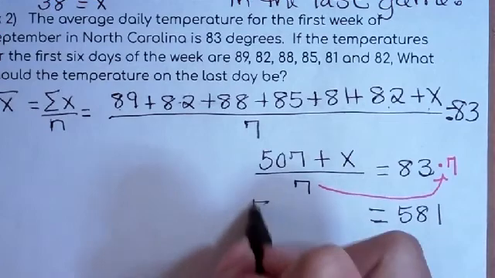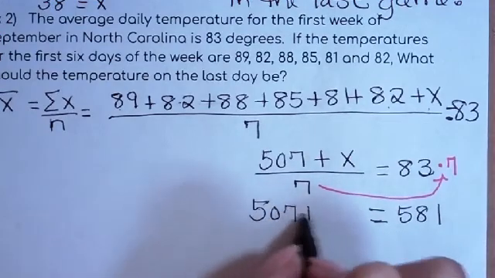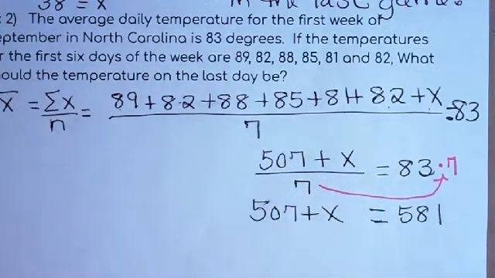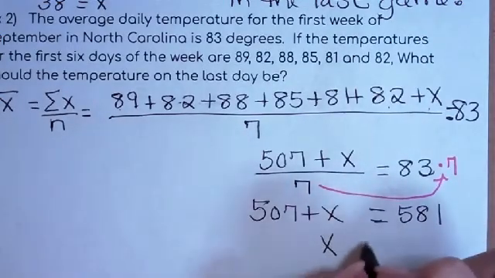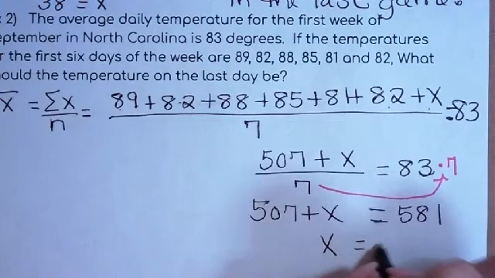On this side, I'm left with the 507 plus x. Now, last step, subtract the 507 from both sides. And what I'm going to have is x is equal to 74.